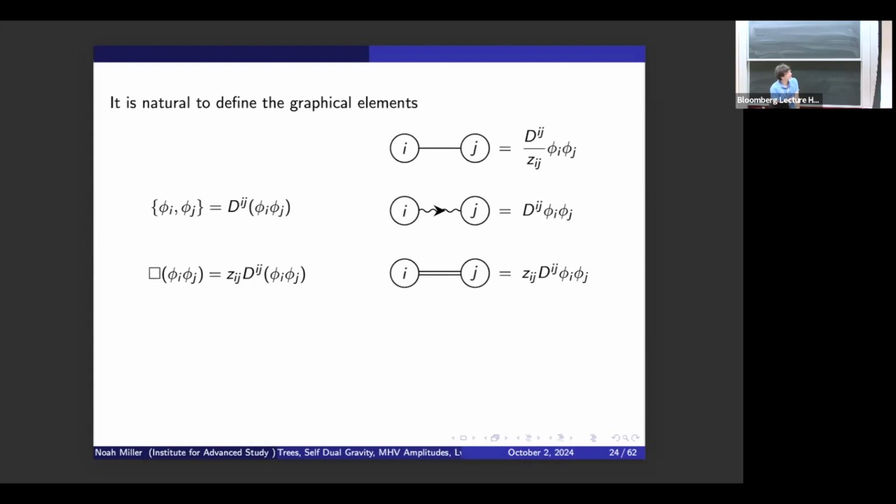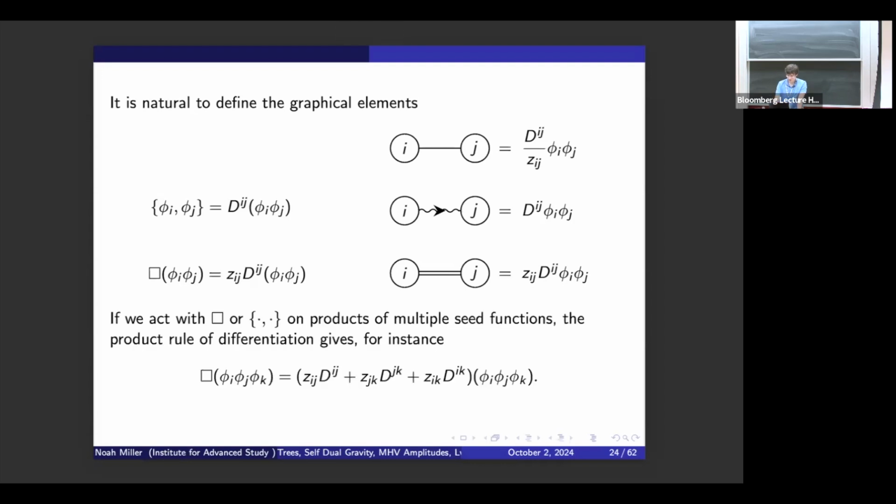So that's zij, dij. Notice that if you take this element here and multiply it by zij, you get this element, and you take this element and multiply it by another zij, and you get this element. So, for instance, if you act with the box or the Poisson bracket, you can use the product rule differentiation to expand everything out.